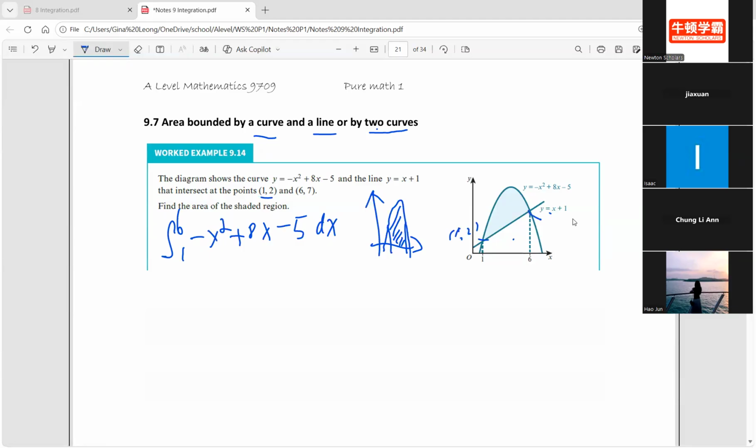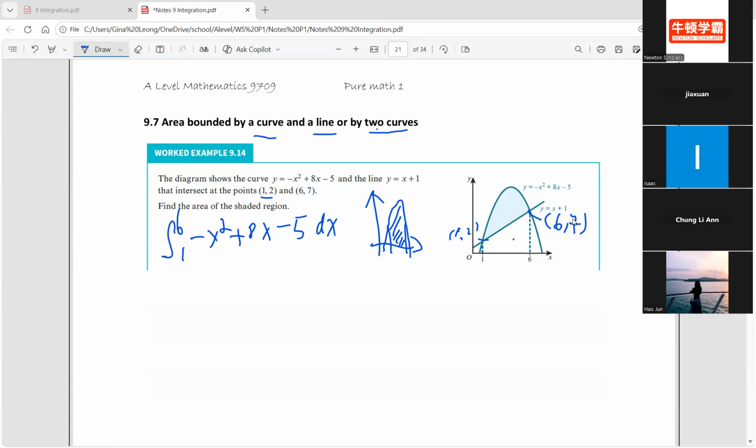He gives you the integration points 6, 7. You can use the trapezium area for this one, then minus. Or another way is we just use the above minus the bottom. I will show you how to do it.